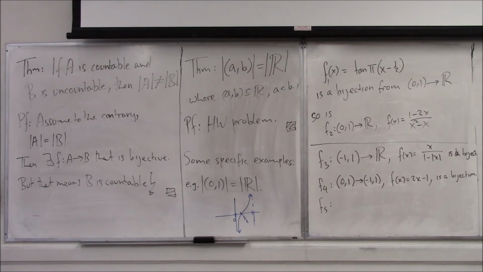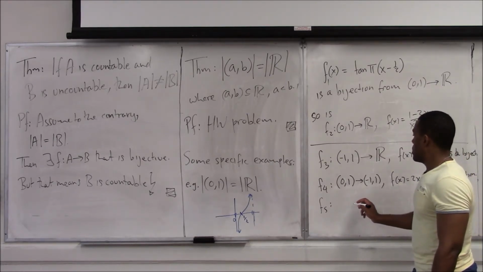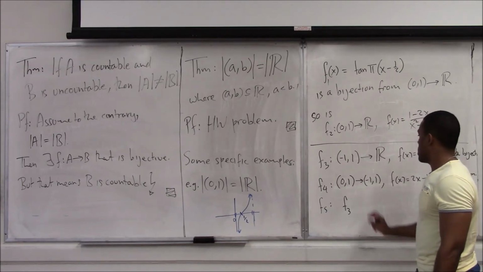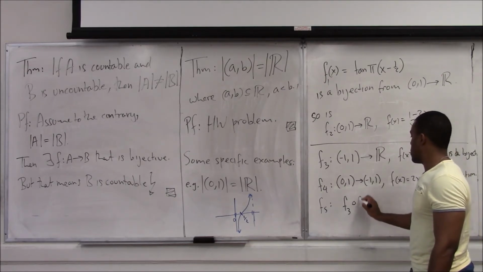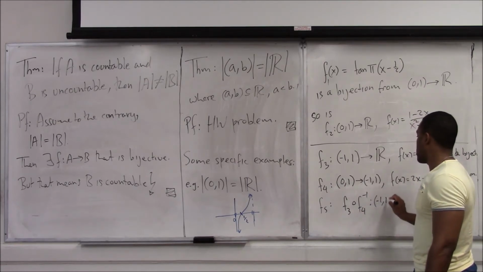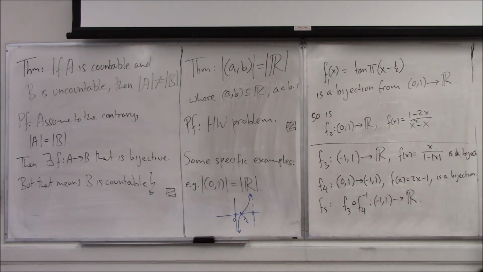Okay, so with these two examples, what I could do is, notice that if I took F3 composed with F4 inverse, that will be another function from -1 to R. Right, using the same kind of trick we used before.